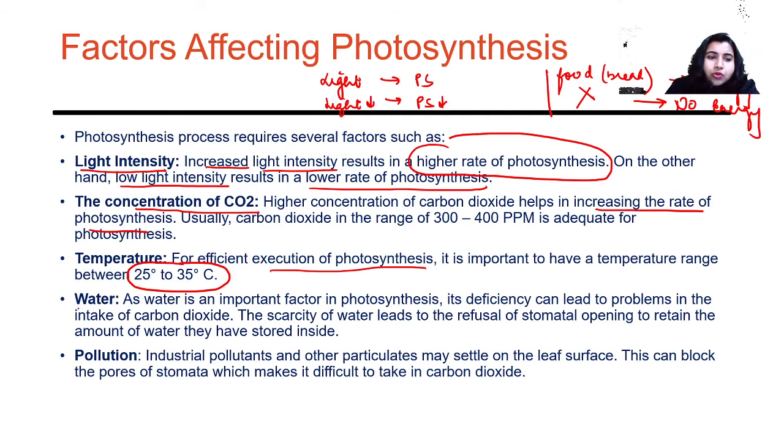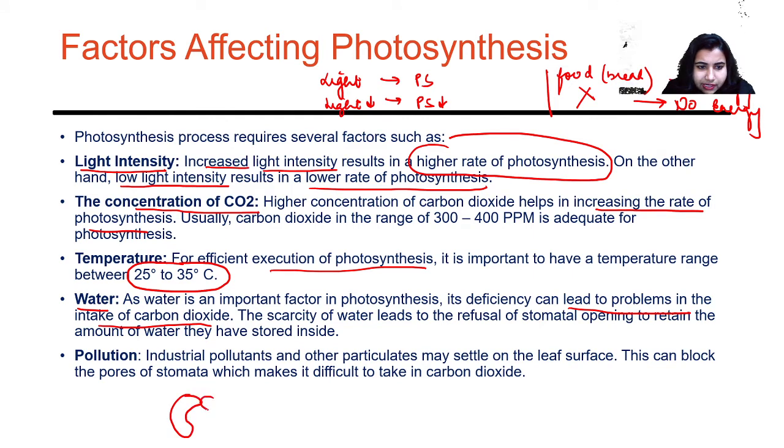Okay, moving to water. Water is an important factor in photosynthesis. The deficiency of water can lead to problems in the intake of carbon dioxide, right? If I draw the structure of stomata, it is something like this.